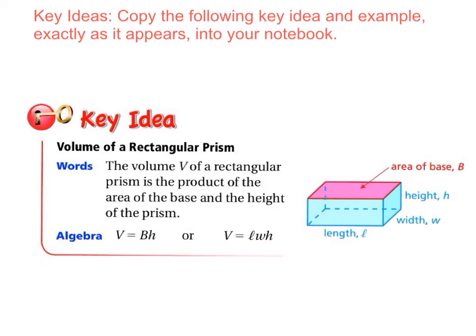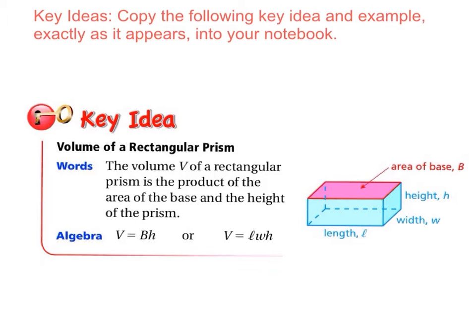Volume of a rectangular prism. The volume, capital V, of a rectangular prism is the product of the area of the base and the height of the prism. In algebra, that looks like a capital V equals a capital B times the height, or a capital V equals the length times the width times the height.